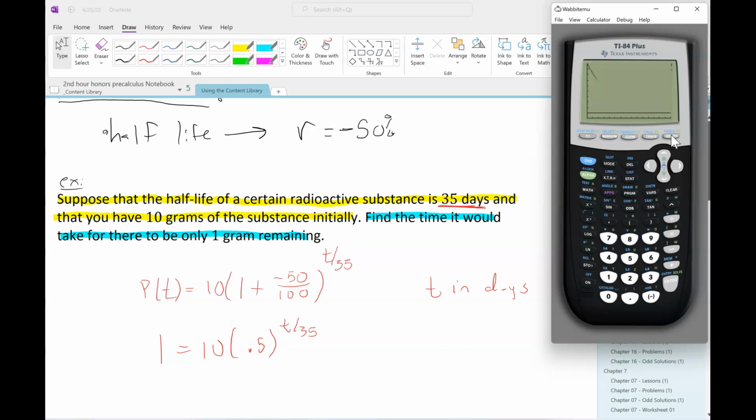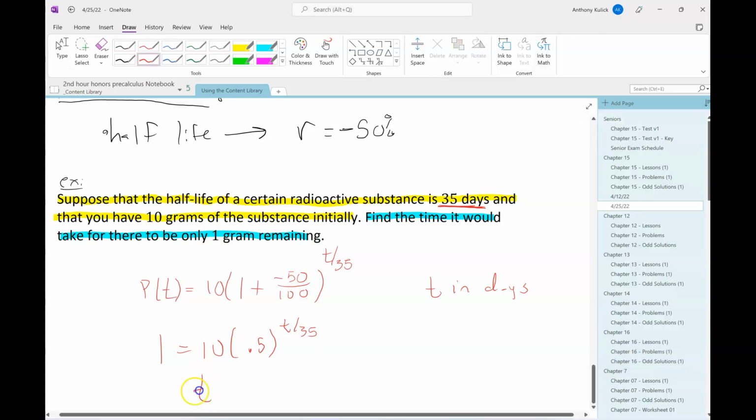So there's my 1 gram left. There's my decay curve. There's my intersection that I'm looking for. Yay! Second trace, intersect, enter, enter, enter. 116.27-ish days.